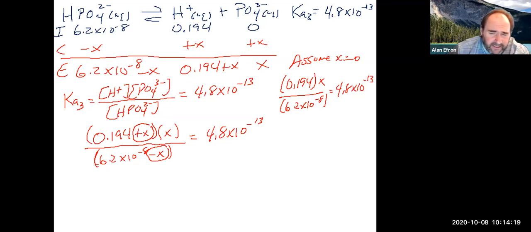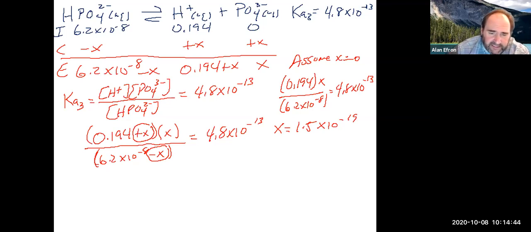We're going to multiply the 6.2 times 10 to the minus 8 to the other side and also divide by 0.194. If we do that, we get an X value of 1.5 times 10 to the minus 19.